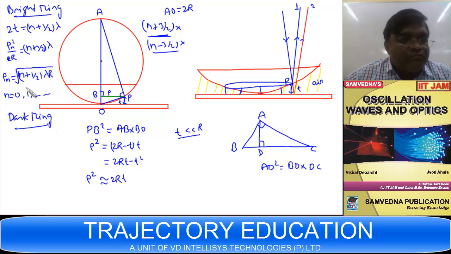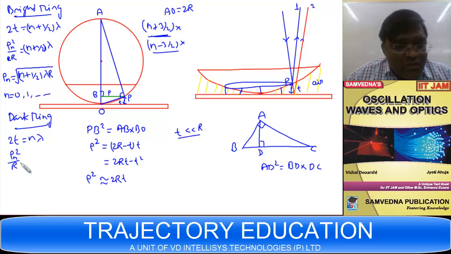Now let's consider the dark ring. If I have written n minus half, you write n minus half only. I wrote 2t equals n plus half, n minus half. In case of the dark ring, you have 2t equals n lambda.